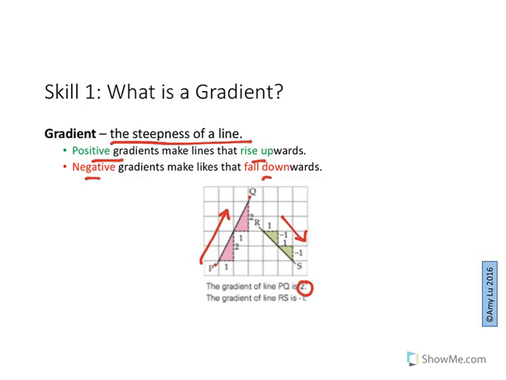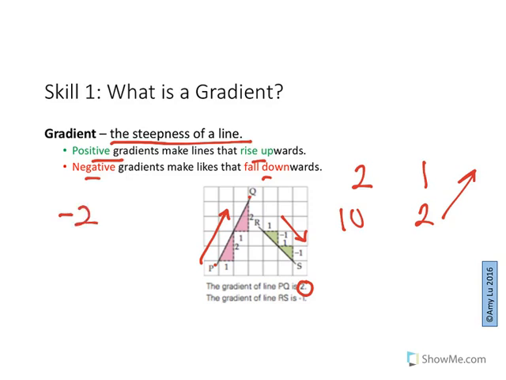So a gradient of 2 will be steeper than a line with a gradient of 1, or a line with a gradient of 10 will be steeper than a line with a gradient of 2. Lines that drop tend to be negative.